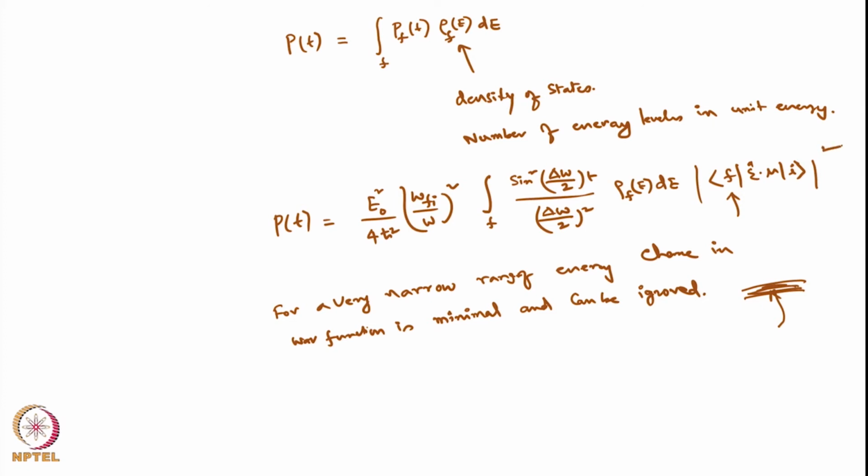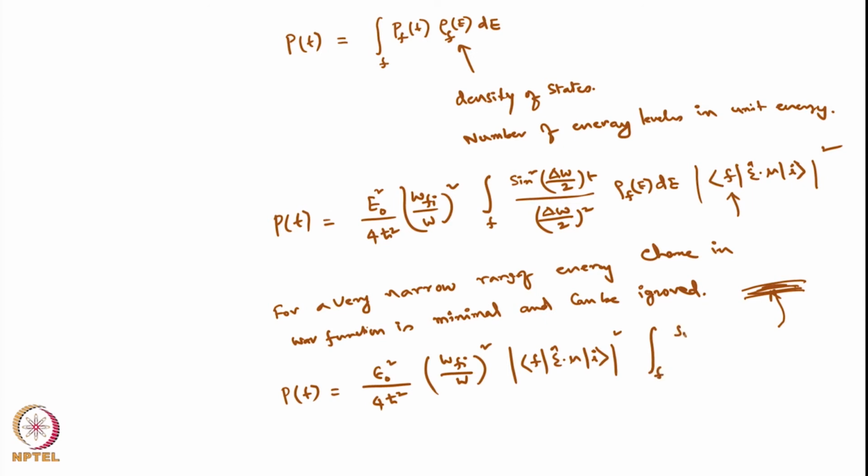So, I am going to slightly rewrite this. P(t) is equal to E_0 squared by 4 h bar squared, omega_fi by omega whole squared, modulus of f epsilon dot mu_i whole squared, integral over f of sine squared of (delta omega by 2)t, by ((delta omega by 2) t) whole squared, rho_f(E) dE.